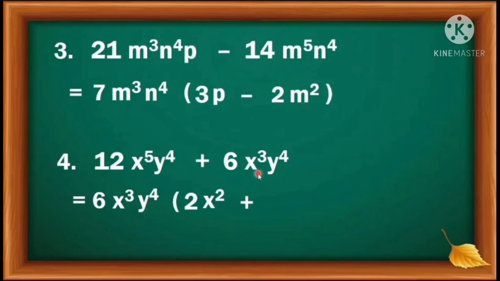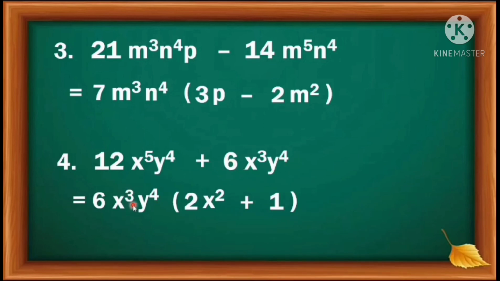So anong nangyari? Wala tayong isusulat dyan? Hindi pwedeng wala tayong isusulat dyan since meron tayong plus dito. Since lahat ng yon 6x cubed, y raised to 4 divided by this GCF, ang sagot ng lahat ng yun ay 1. So meaning, isulat na lang natin dyan yung 1. Note, kailangan nating isulat yung 1 kasi wala namang natira.